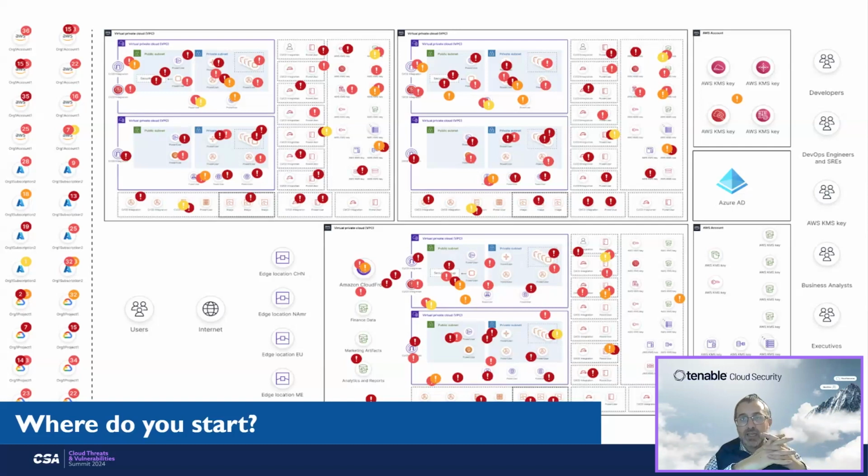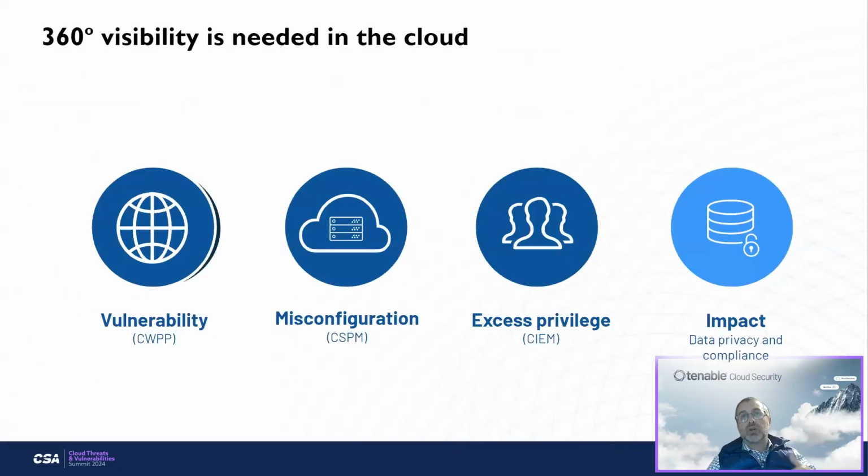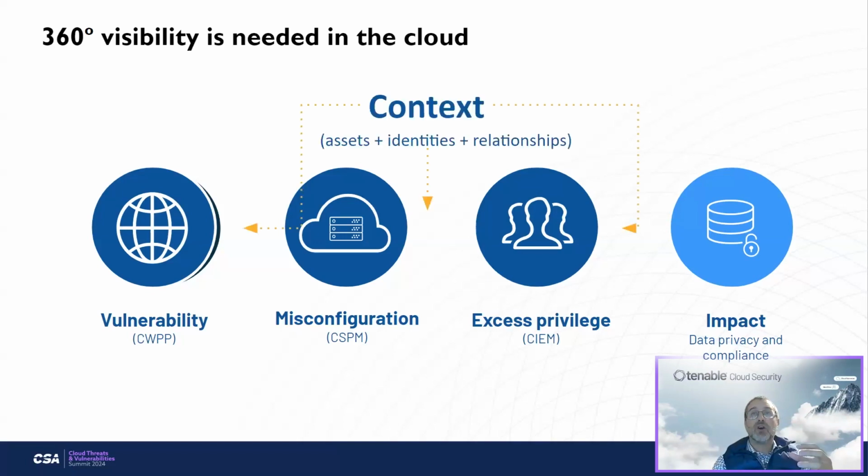How do you prioritize? The solution is actually by pulling together all that rich context that you can bring from across the stack, by looking at your network, your identities, your workloads, and looking for what we call toxic combinations, where you have the same resource that has different types of vulnerabilities that when combined together pose a real threat to your environment.